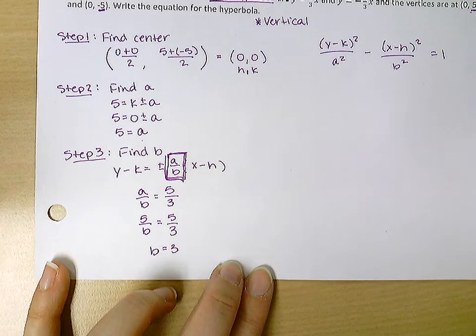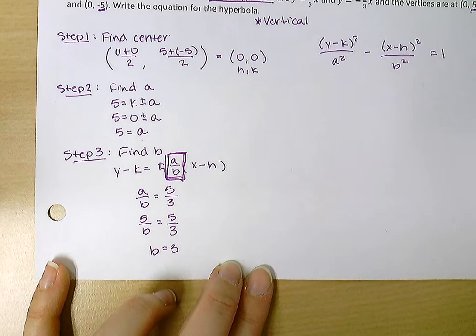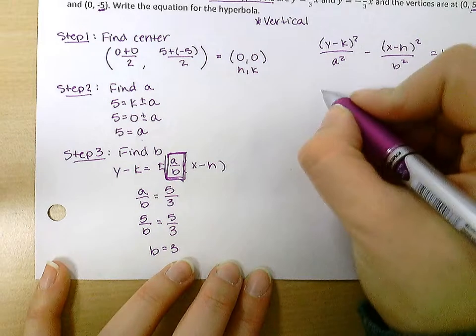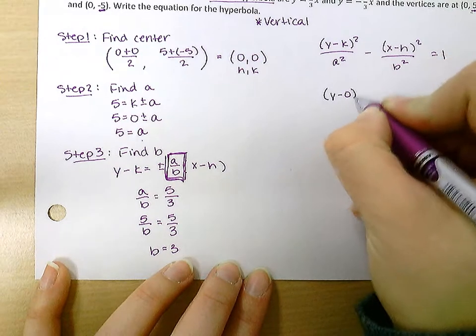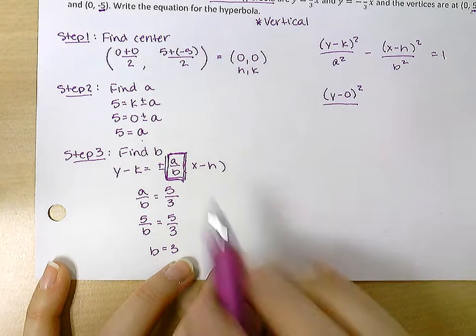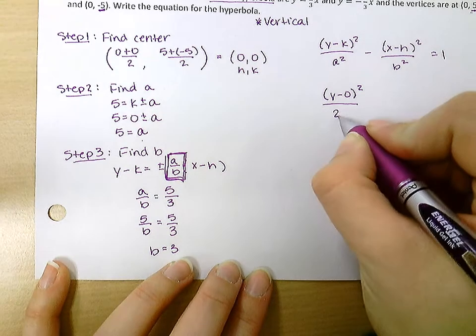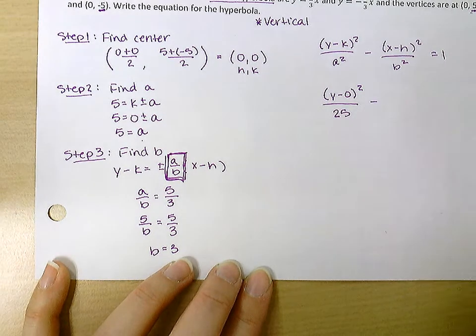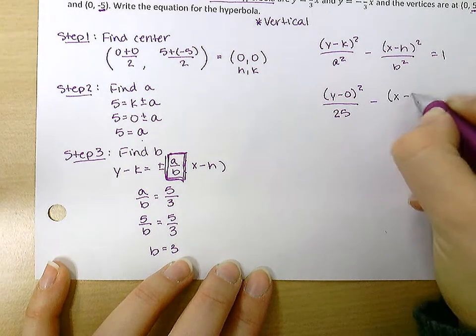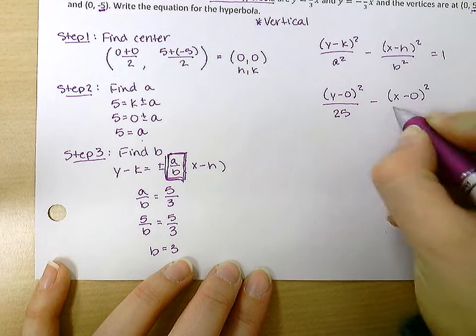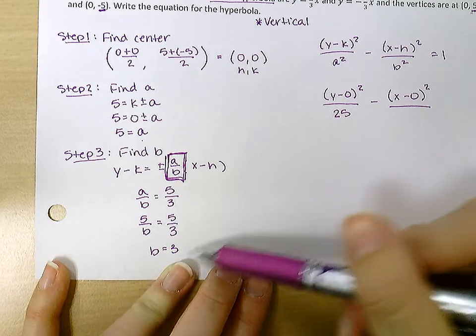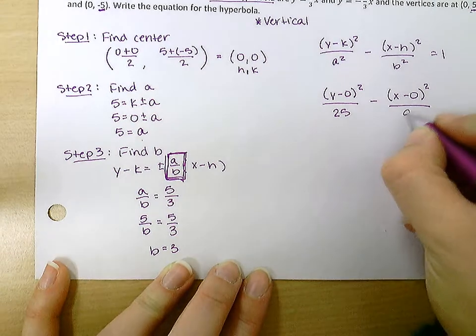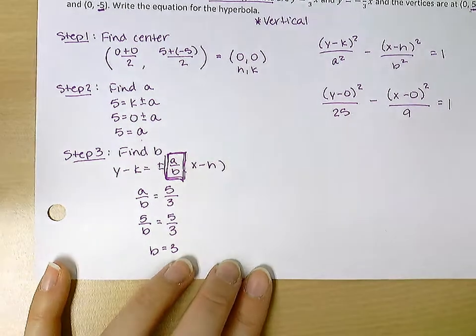And we are just going to replace those values for h, k, a, and b. So we have y minus 0 squared over our a squared value will be 25, minus x minus h, which is 0, that quantity squared, over b squared is 9, and that's equal to 1.